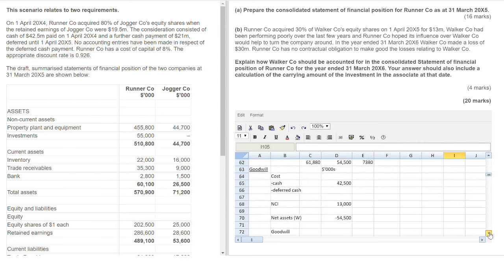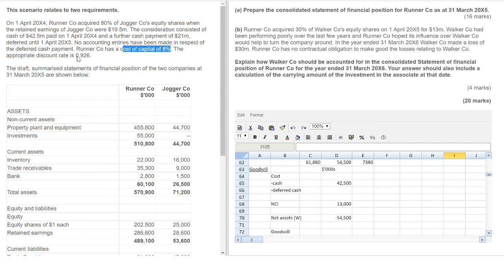So what you've got now is to finish off everything to do with this deferred cash. There's a further cash payment of $21 million, which is deferred until April X5. The acquisition date is April X4, so that's 1 year's time. So we know the future value at 21 million. We need to work out the present value of it today, and we're going to use a cost of capital at 8%.